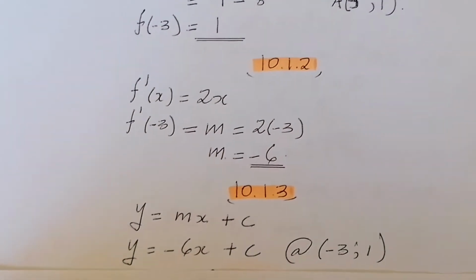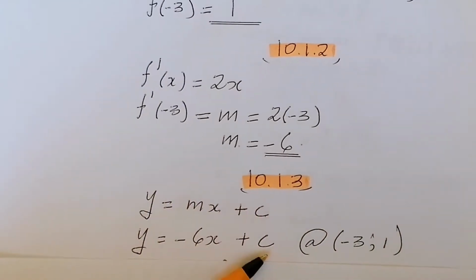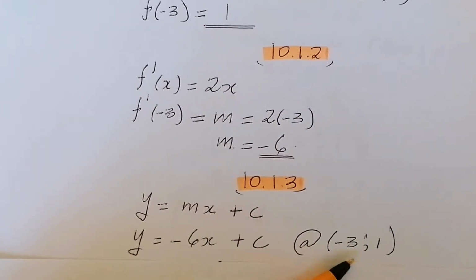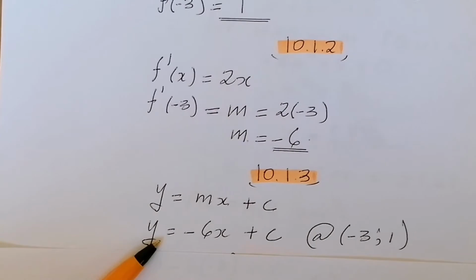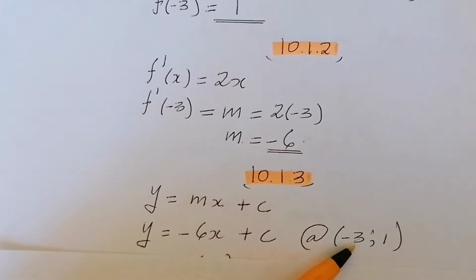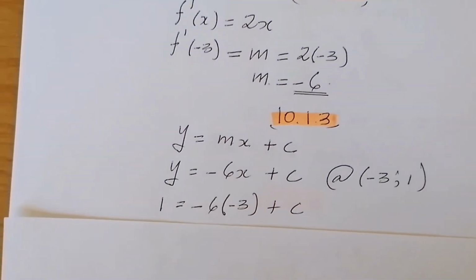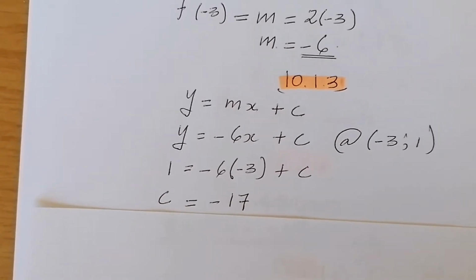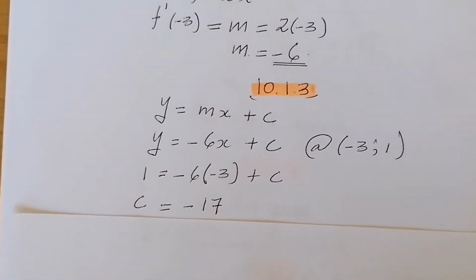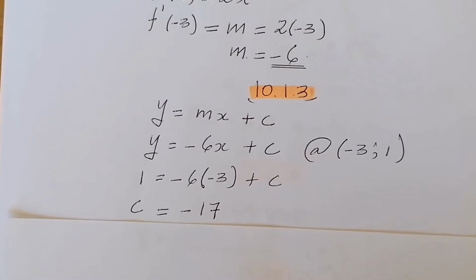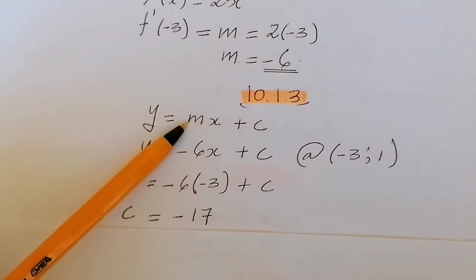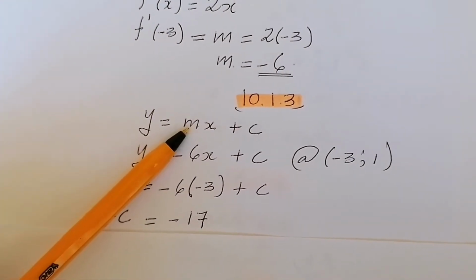Now, to determine the value of c, I use that point. Y is 1 and the value of x is minus 3. I substitute them, simplify. Now I know that the value of c is negative 17. I've got m, which is the gradient.